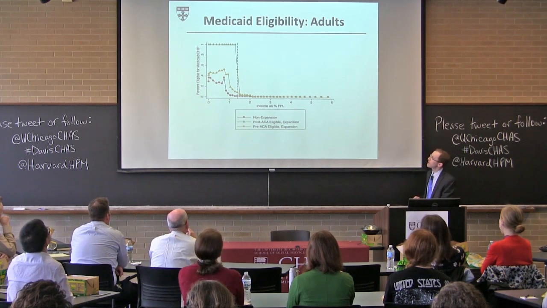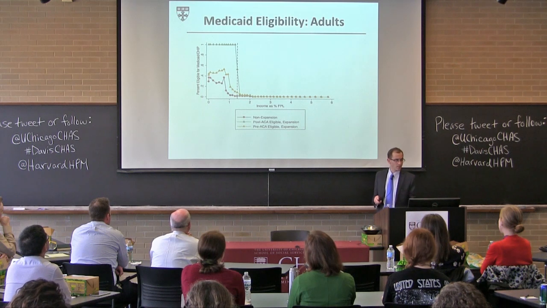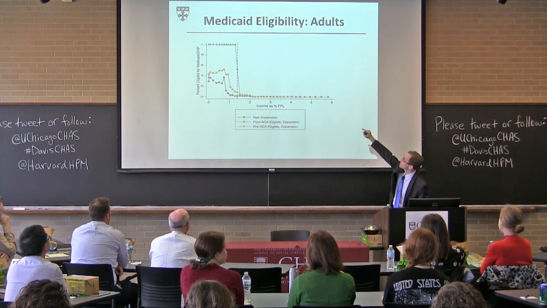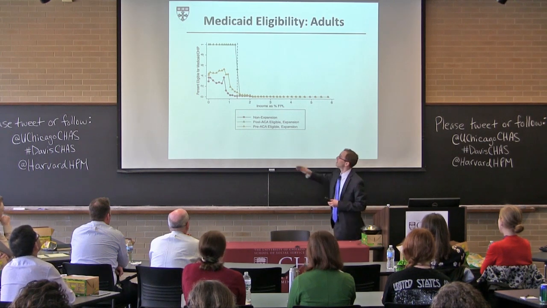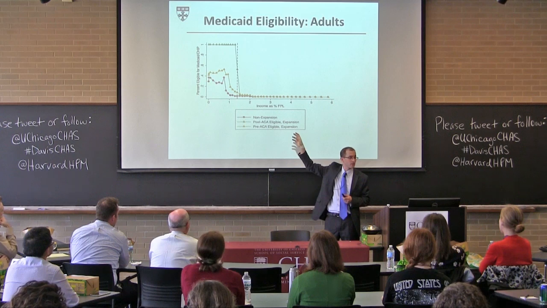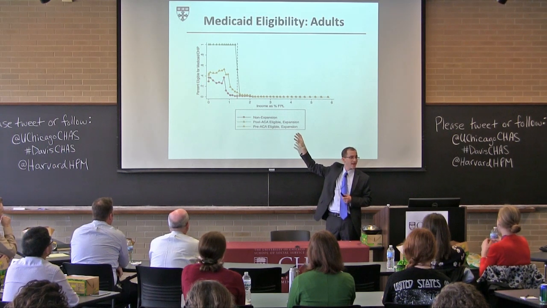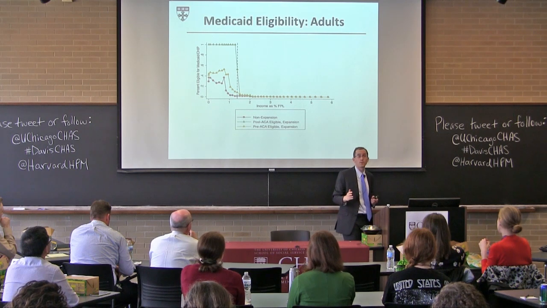So this is just to give you a sense that there's a lot of variation, and it's not just expansion versus non-expansion, though that is a big piece of it. So first, you can look at the non-expansion states that are in red. And what this tells you is that as you go up the income distribution, not surprisingly, there's more Medicaid eligibility in the lower income range, and that as you get much past 100% of poverty, most of these states cover very few people.